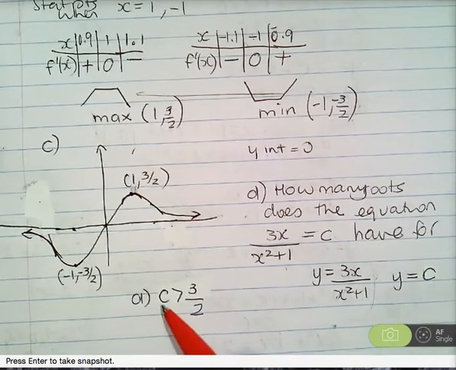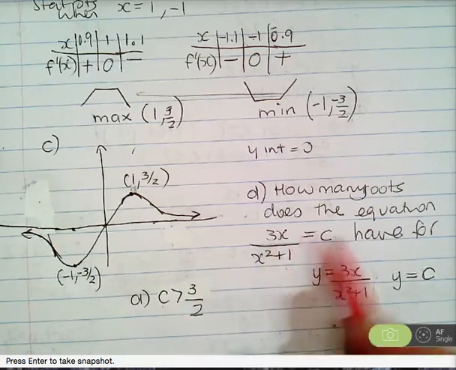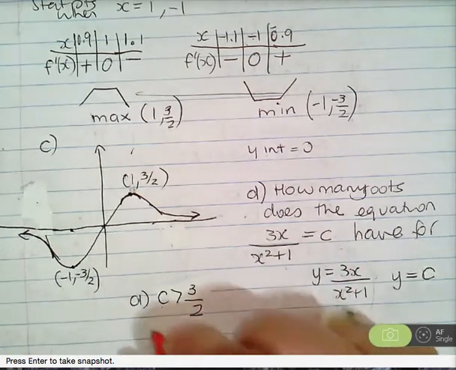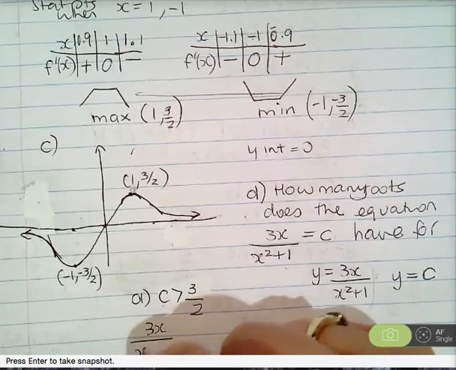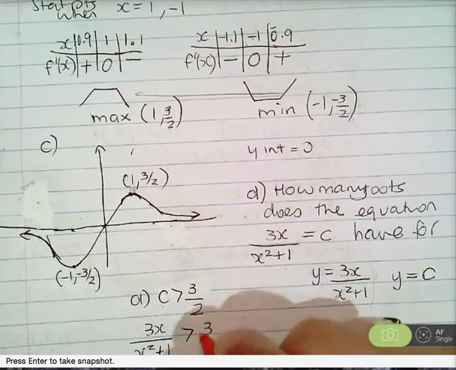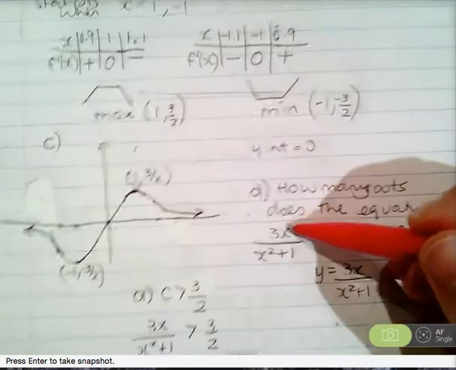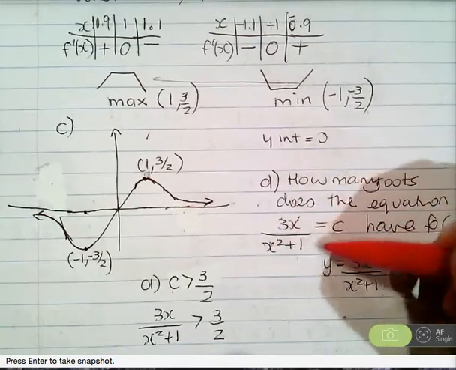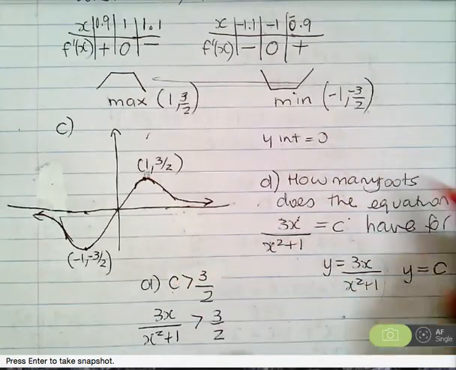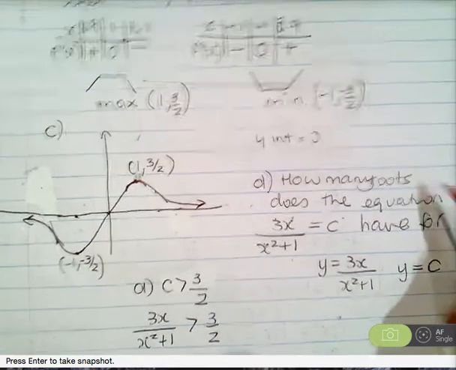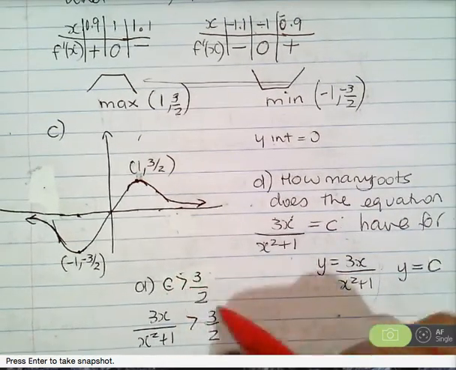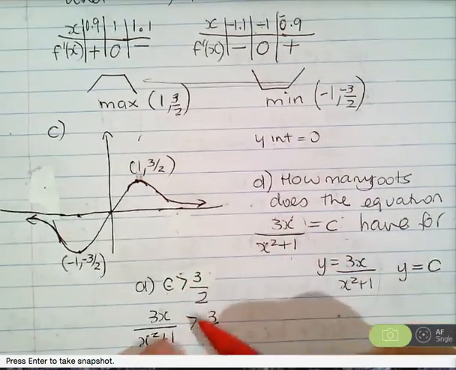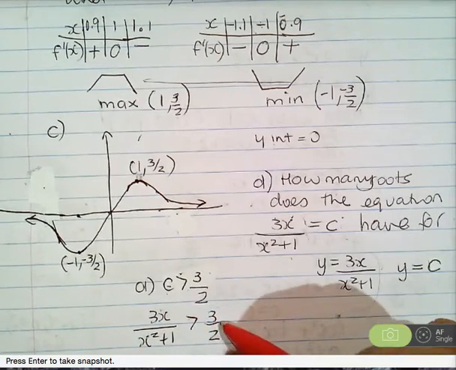So in this case, we want 3x over x squared plus 1 to be greater than 3 on 2. How many roots does the equation have for c greater than 3 on 2? In other words, if that is bigger than 3 on 2.